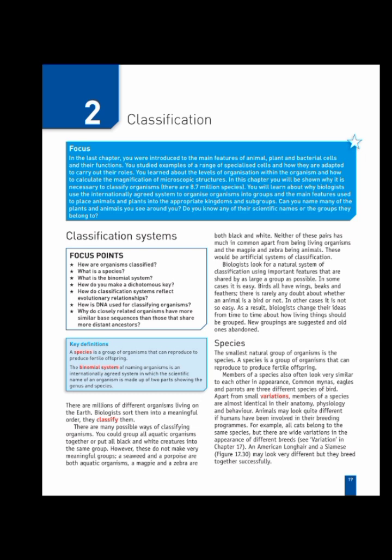We classify on the basis of different aspects like color, habitat, size, but these are artificial systems and they are not very useful. For example, a zebra and a magpie are both black and white, but they are very different animals. If we classify them according to their color, they are different organisms. They don't have shared characters.